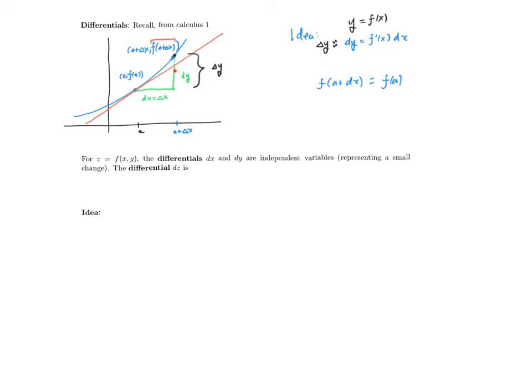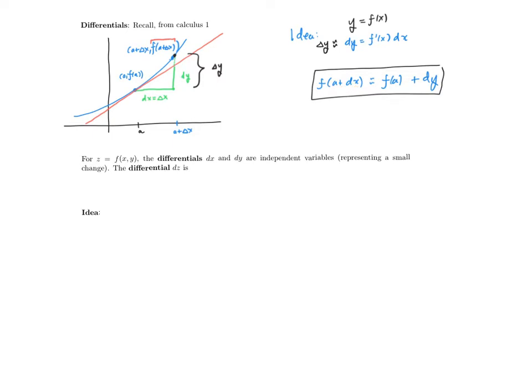Well, we could approximate that by saying let's just go up dy. And that's the big idea of how we use differentials in Calculus 1 to approximate the value of a function. If you know f of a, you can use the differential dy to approximate the value at some small distance away from a.